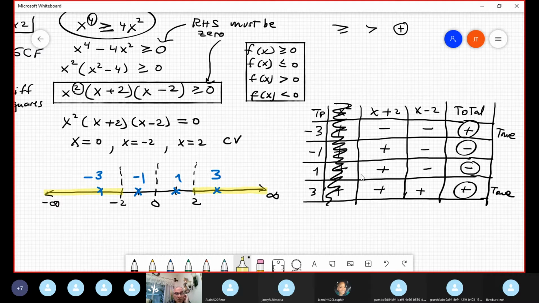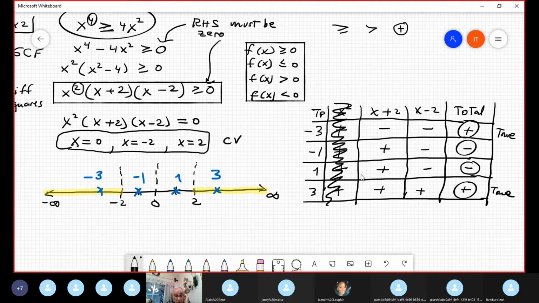And what about the endpoints? The endpoints are also part of the solution, because my problem combines an inequality and an equation, the equal sign. Therefore, the critical values also belong to the solution. And what is the symbolic way to indicate this idea?